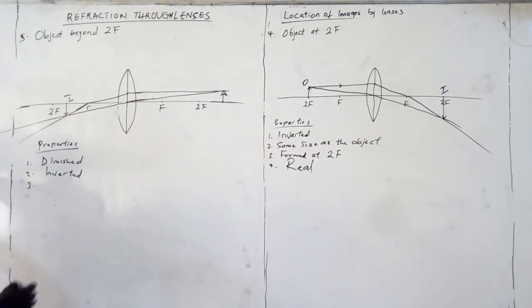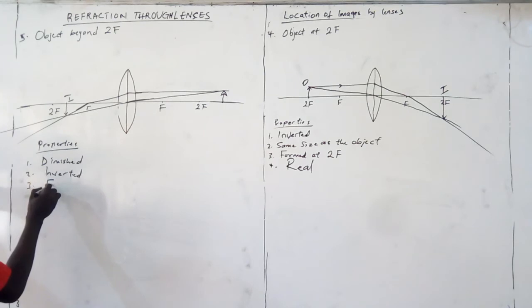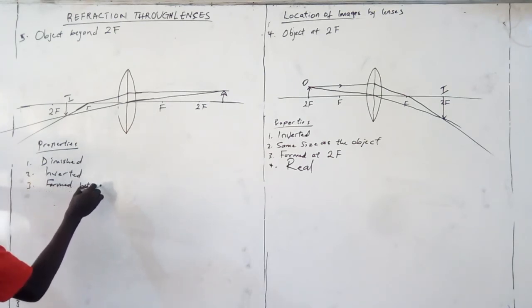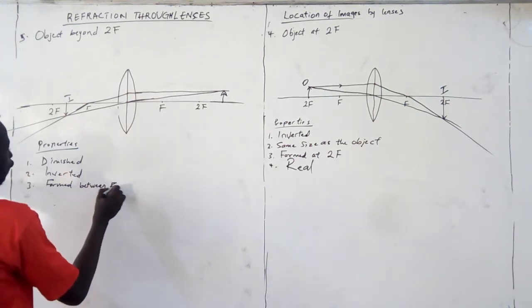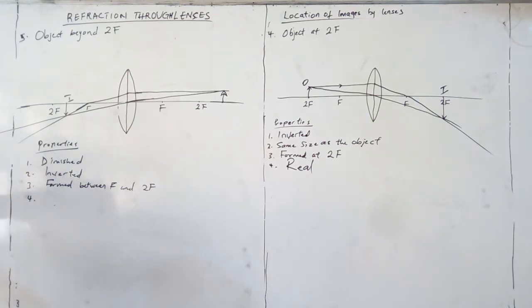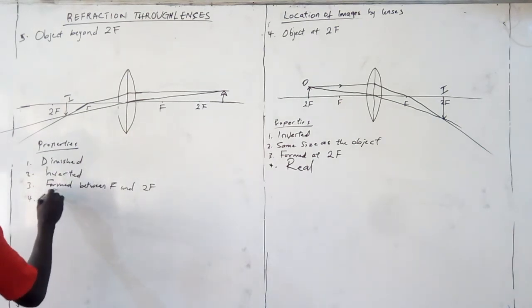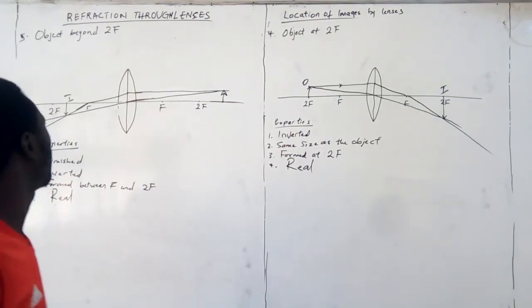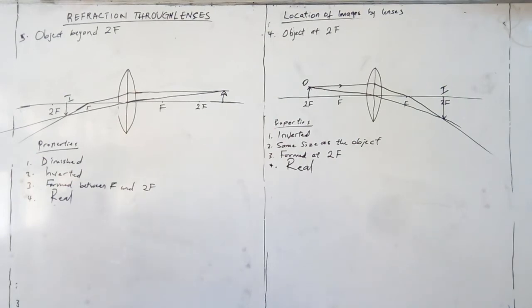Three, it is formed between F and 2F. Then four, what else do we have? Since it is formed on the other side, it is real. So those are the properties of the image of an object placed beyond 2F.